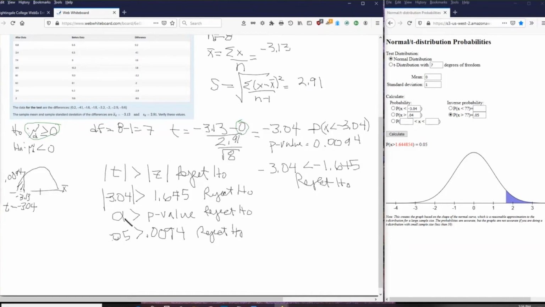Your alpha is always going to be positive, and your p-values are always going to be positive, so you don't have to worry about that. It's just your z-scores, depending on which side of the graph you are, they might be positive or negative. But you could flip that graph and it's still going to be the same. So like if I have a left-tailed, I want my numbers to be more negative.